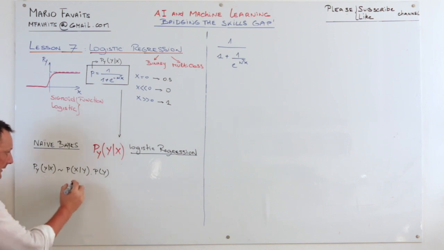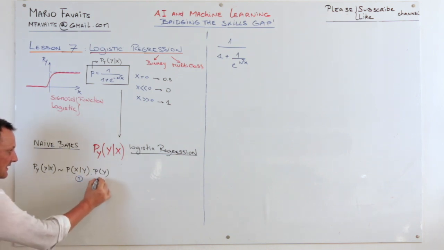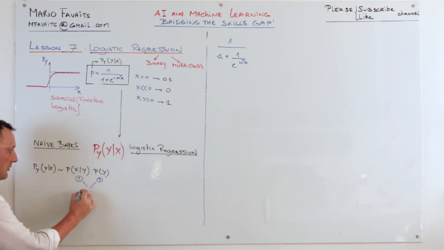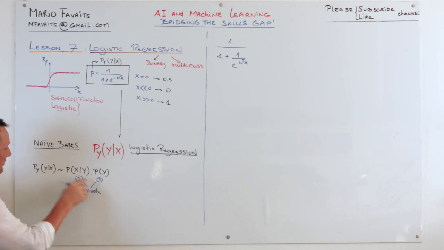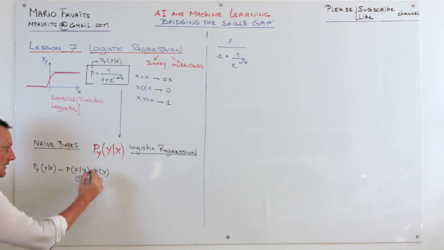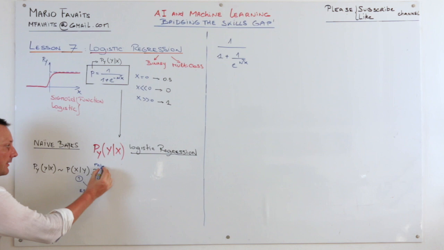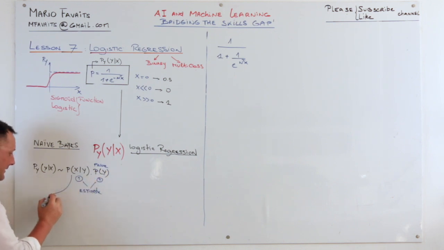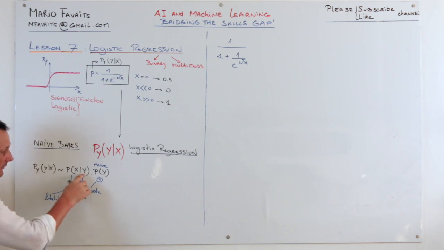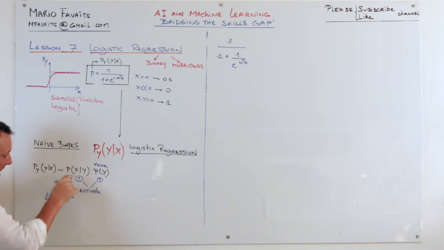We estimate these two, 1 and 2, to calculate this one here. Remember, this is called a prior, and this here is the likelihood. It's basically the conditional likelihood, because it's upon a label that is given. So this is what we do in naive Bayes.